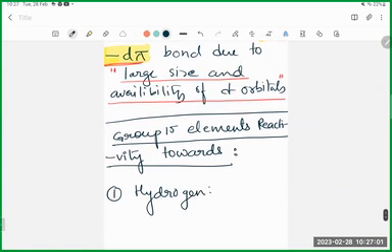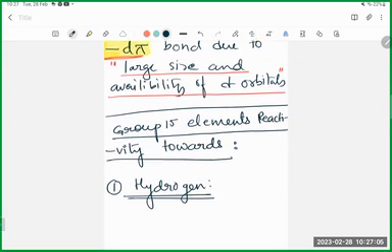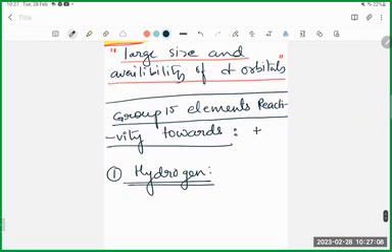So hydrogen's reaction. First, we will learn what happens when group 15 reacts with hydrogen. Reactivity, please remember the oxidation states of the nitrogen family. We are learning in general. This will show +3 oxidation state, +5 oxidation state, -3 oxidation state, but the common and most found oxidation state is +3 in this group.